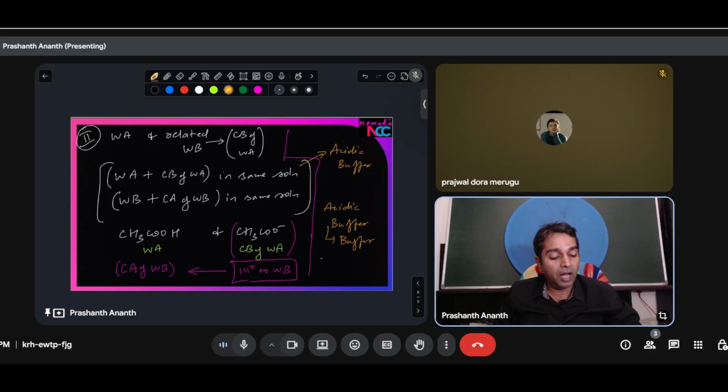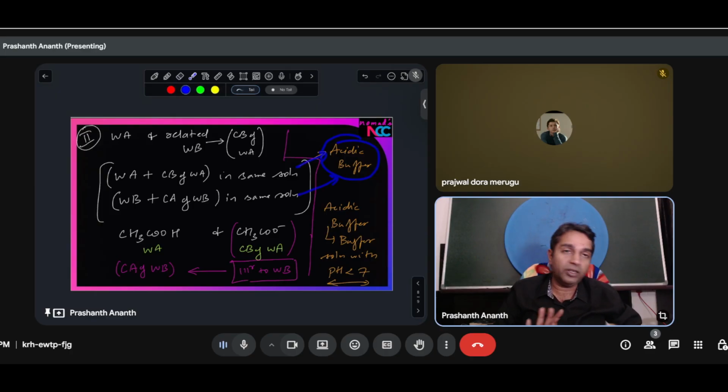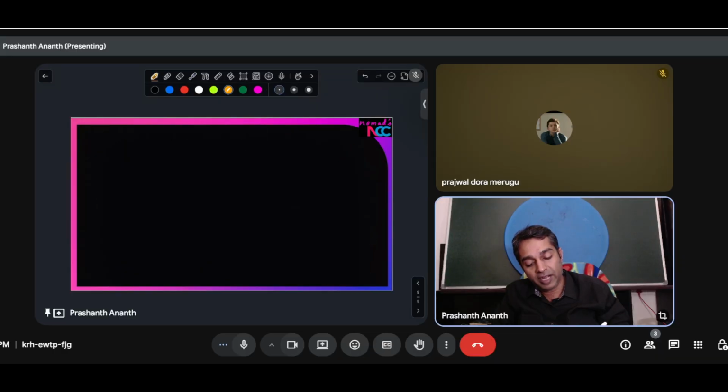That is what acidic buffer means. But sometimes books give it wrongly. This definition of saying this is acidic buffer, this is basic buffer, is not correct, because ultimately both are the same. So a buffer solution which is of the related type will automatically be the same. For instance, let's say I am taking NH4 plus and NH3.